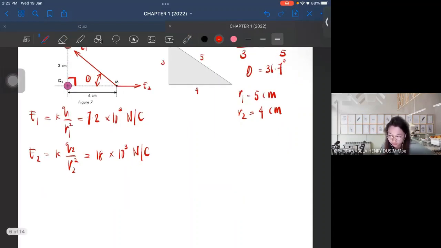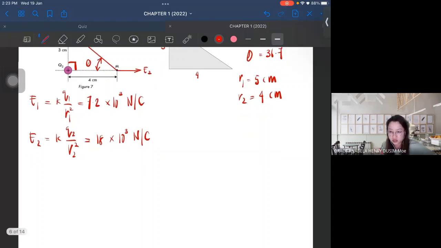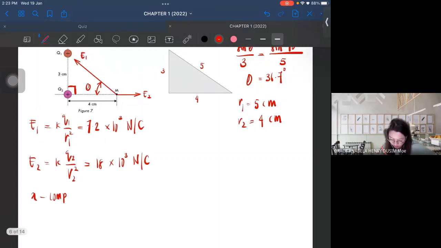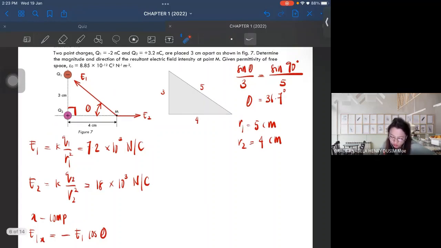And then after finding the magnitude, we have to resolve it into x and y components. Firstly, for the x component, E1x is equal to negative E1 cos theta. Why is it negative? Because when you are resolving this E1 into the x component here, it will be pointing to the left.